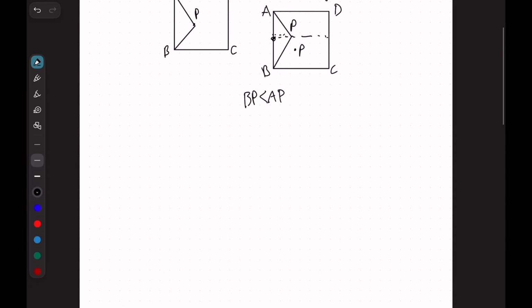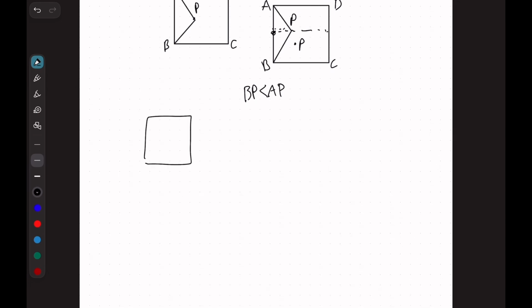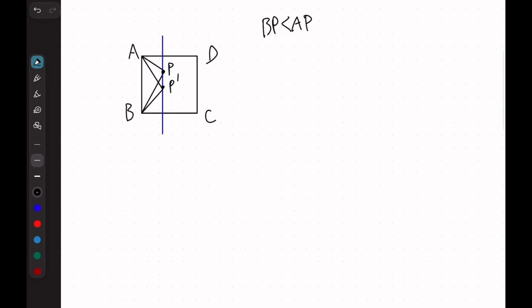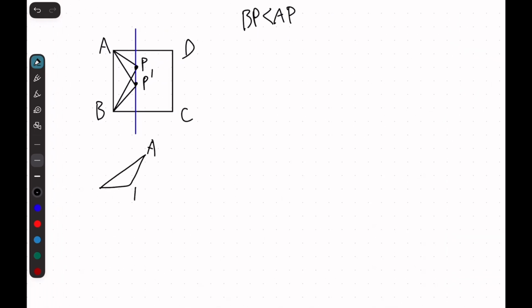Okay, let's see why. I'll draw the square again. Let's get a random point P. Draw a line that crosses point P and is parallel to AB. Now, say that the AB midpoint is P prime. If we draw triangle APP prime, it becomes like this, so AP prime is bigger than AP.